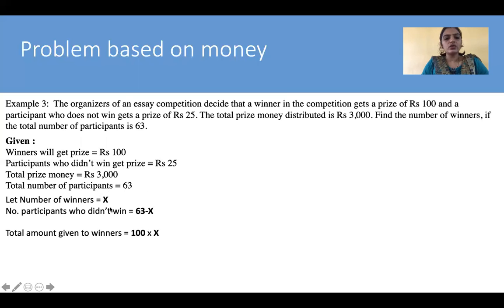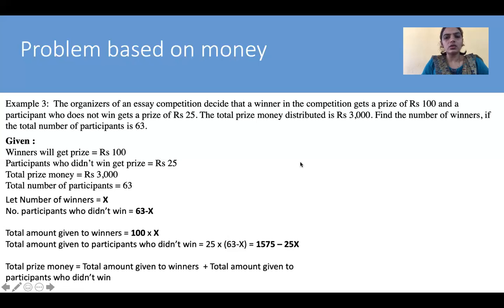So the total amount given to winners is 100 into x. The total amount given to participants who did not win is 25 into 63 minus x. Here we get 1575 minus 25x.